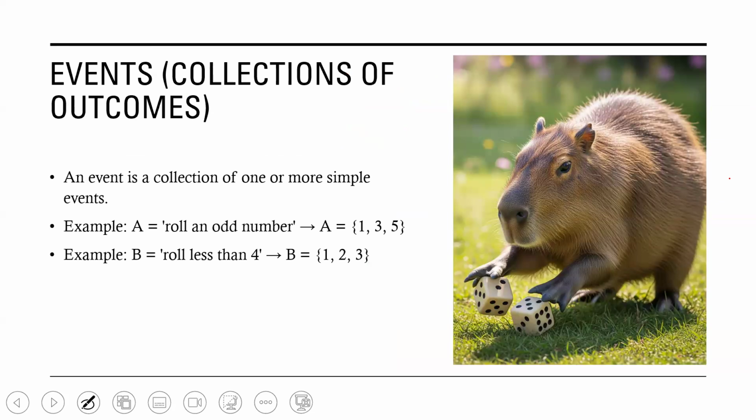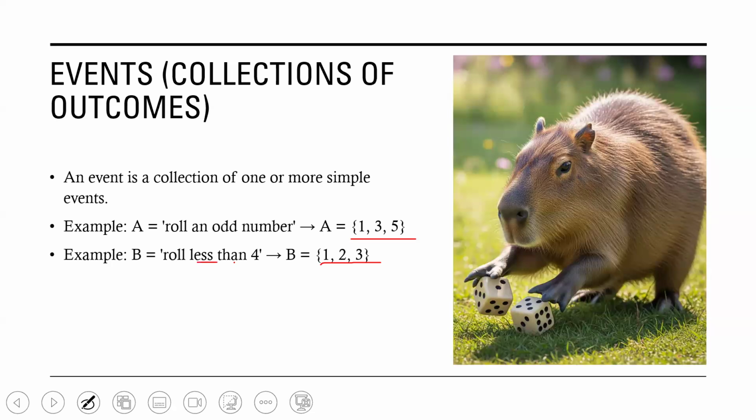Now that we understand simple events and the sample space, we can define an event. An event is just a set of one or more outcomes. So when we say event A is rolling an odd number, we're including several simple events in that one event, namely 1, 3, and 5. Similarly, the event roll less than 4 would include 1, 2, and 3.